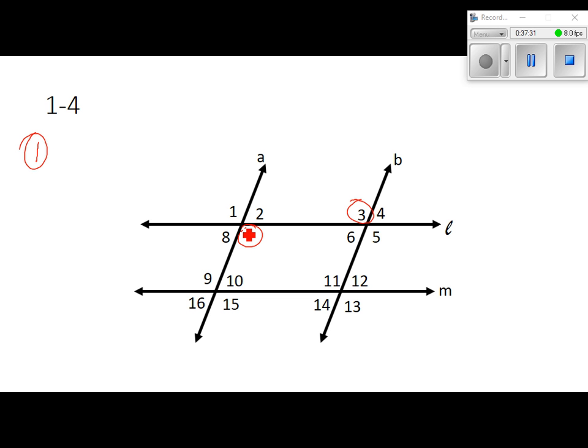What special pair? Alternate interior. Did we have a theorem that said if they're congruent, then the lines are parallel? Which lines are parallel then? A and B. That's what you write down. Line A parallel to line B.